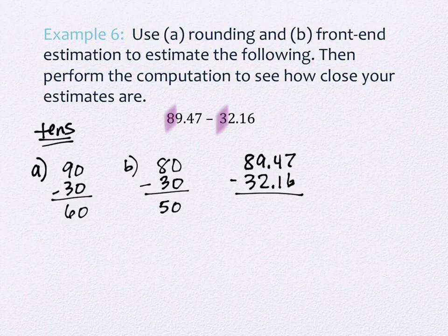All right, 7 minus 6, 4 minus 1, 9 minus 2, 8 minus 3, 5. And which of our estimations is better? Yeah, the 60, the one with rounding. And typically speaking, the rounding is a better estimate than the front-end estimation. It's rare when it's not, or when sometimes they match.